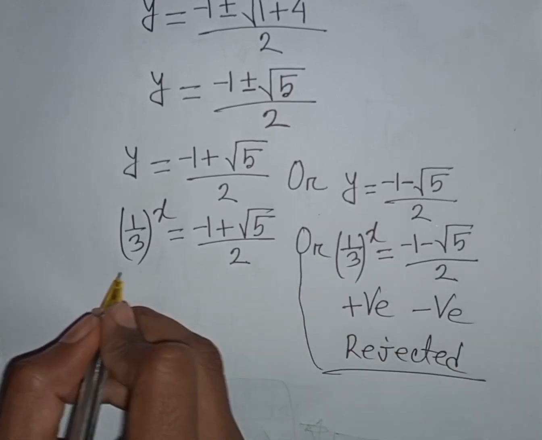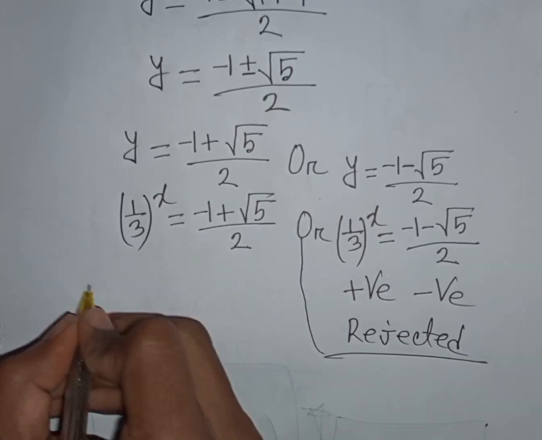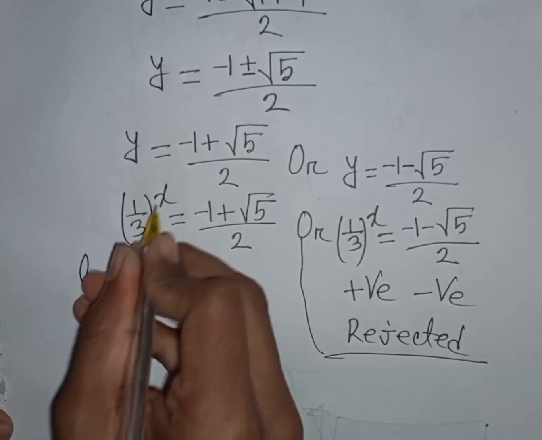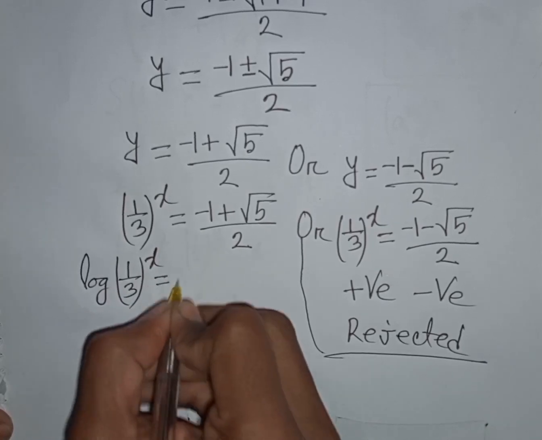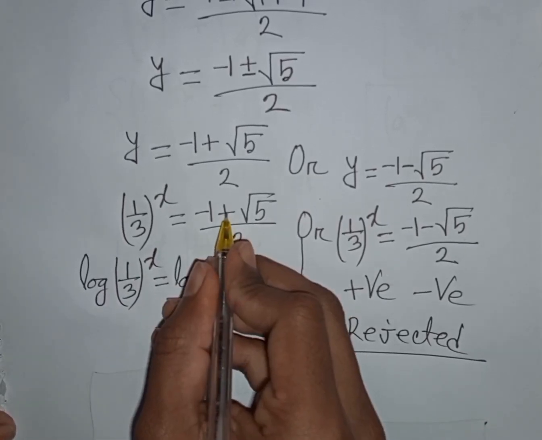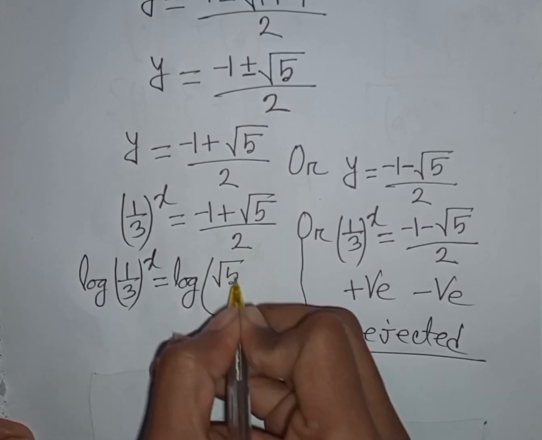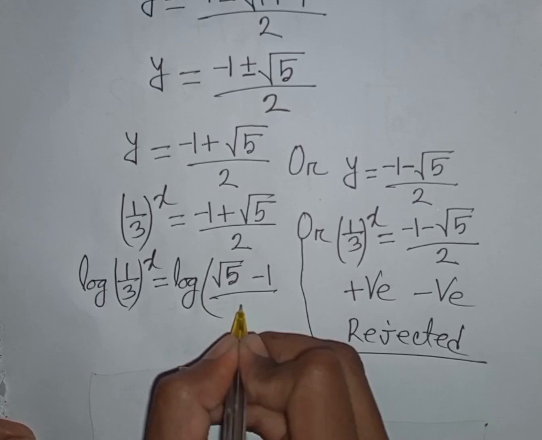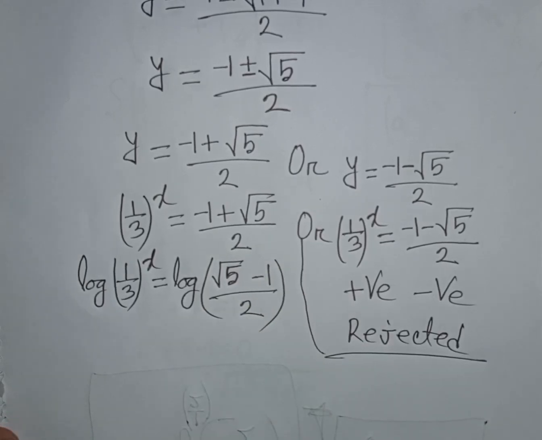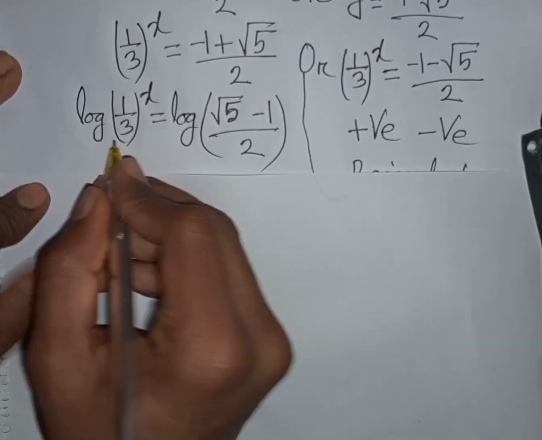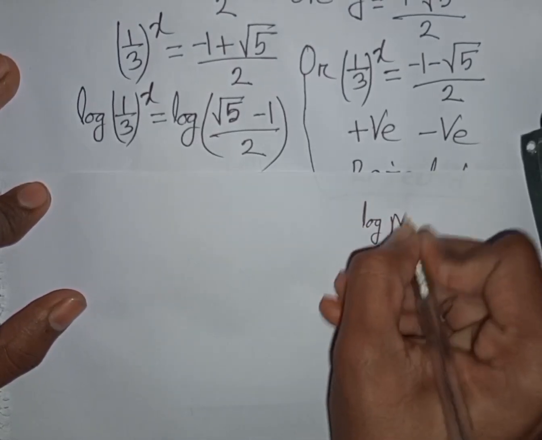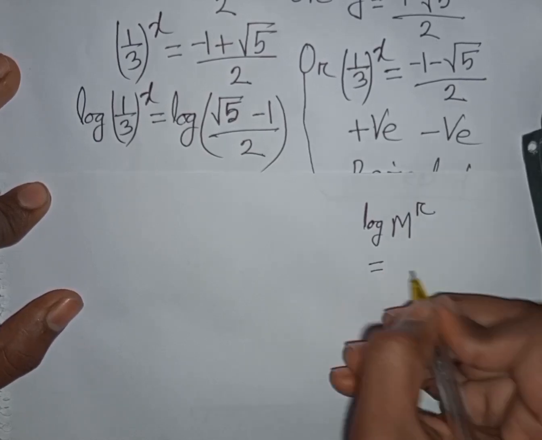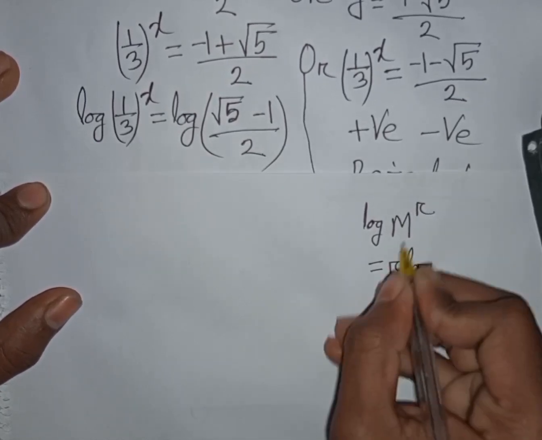Now from here we apply log on both sides. So you can write here log of 1 by 3 bracket power x is equal to log of square root of 5 minus 1 divided by 2. Now here I can apply the rule that log m power r is equal to r log m.